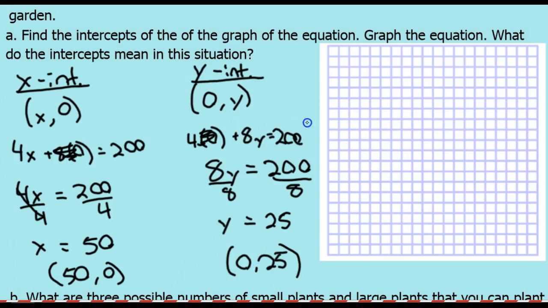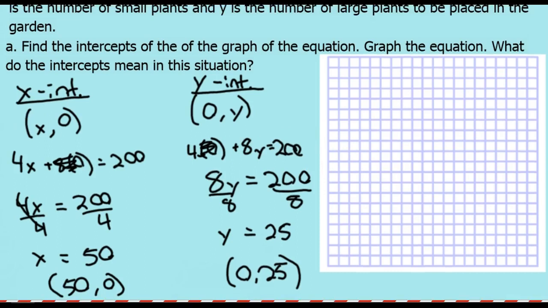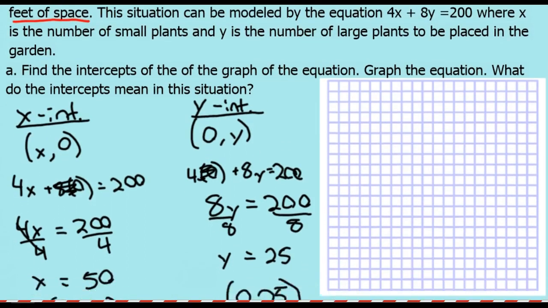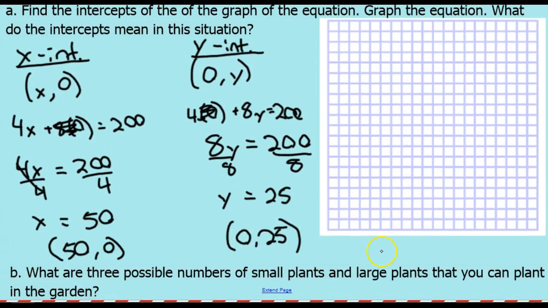Now, it says that our x was the number of small plants. So on our x-axis, I'm going to put small. On our y-axis was our number of large plants. So I'm going to put large on our y-axis.